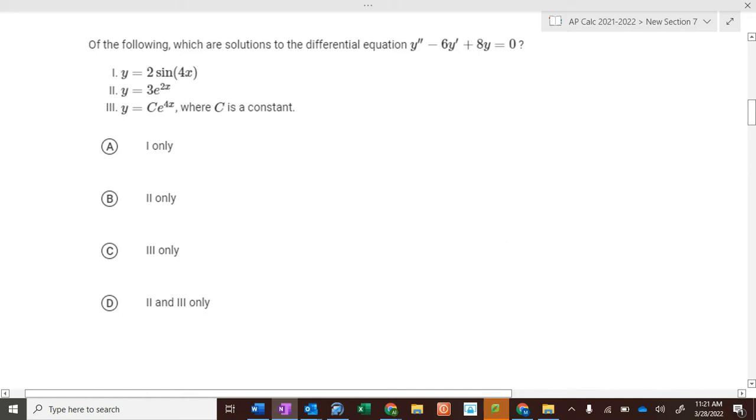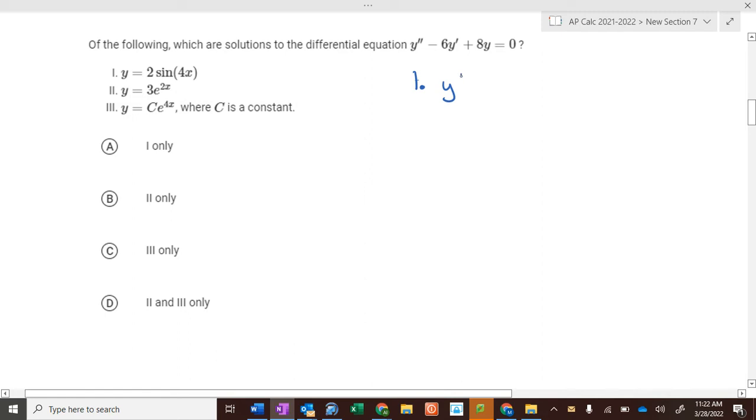Which of the following are solutions to that differential equation? So you don't just guess, you figure them out. Number one, what is the first derivative?